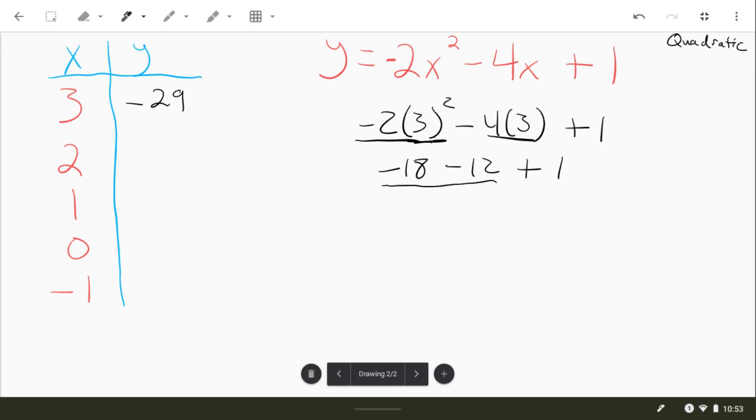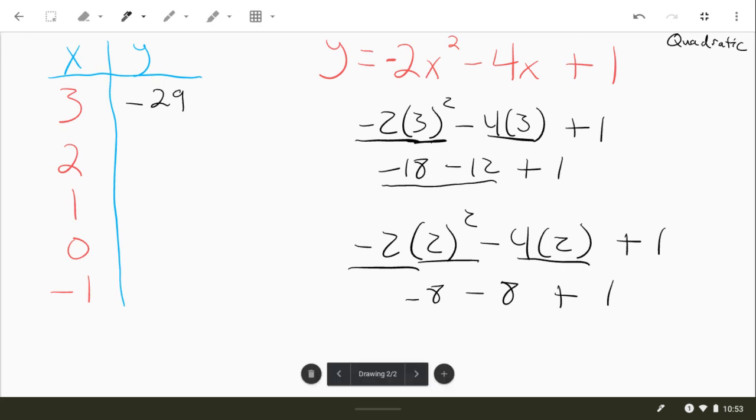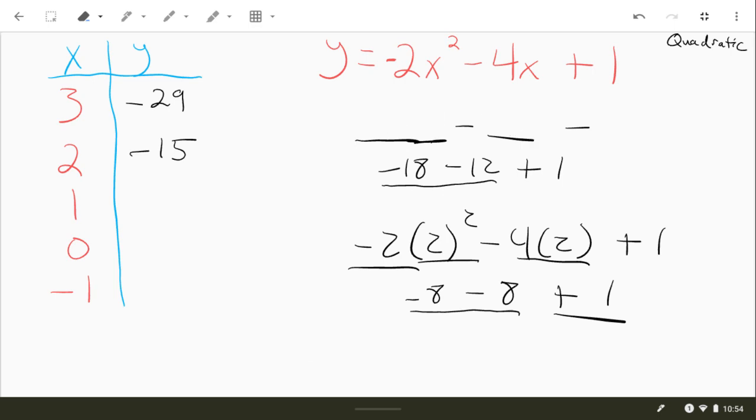We'll see what happens. All right, next one, we're going to plug in 2 for x. So -2 parentheses 2 squared. And then minus 4 times 2 plus 1. All right. 2 squared is 4. 4 times -2 is -8. And then minus 8, and then plus 1. Oh, sorry, yeah, that's 8, so minus 8. You get negative 16, and then negative 16 plus 1 is negative 15. All right, got to clear some space here.